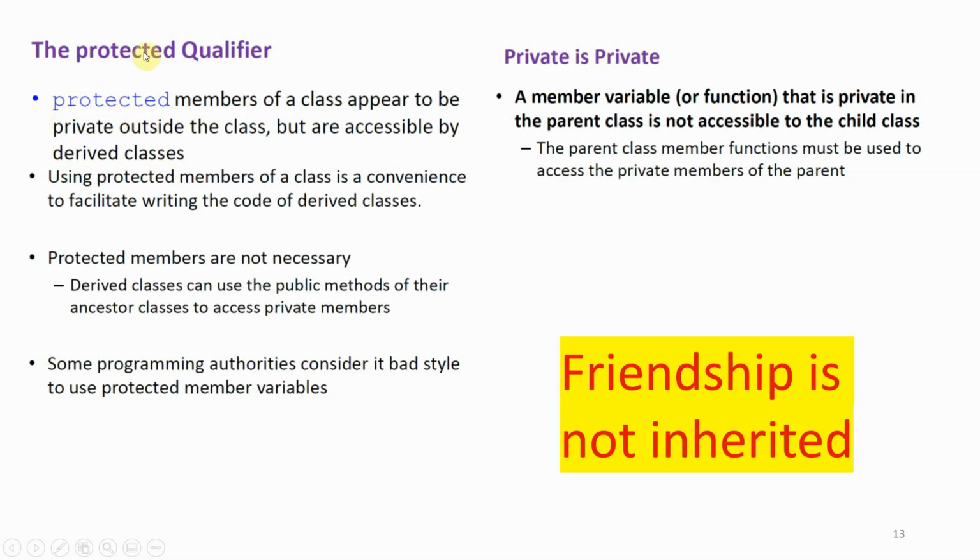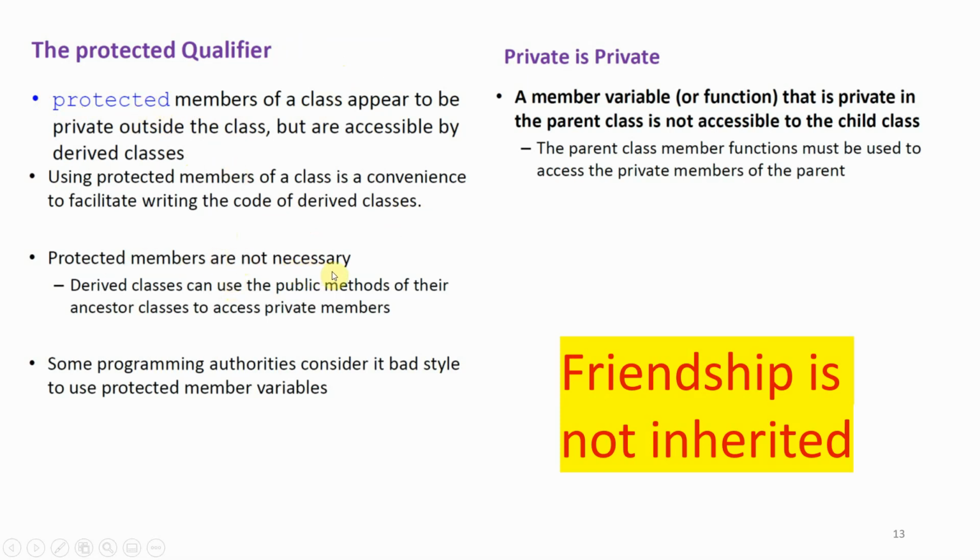For everything else, it's going to be private, but it's accessible for the derived classes. Using protected members of a class is a convenient way to facilitate writing the code of derived classes. So in that case, we don't need to go through the base class getters and setters to have access to protected member variables.